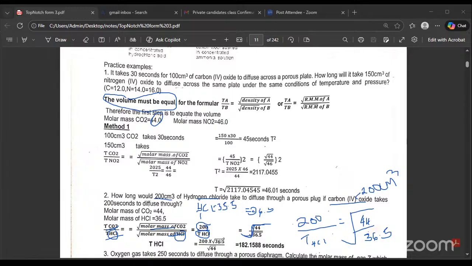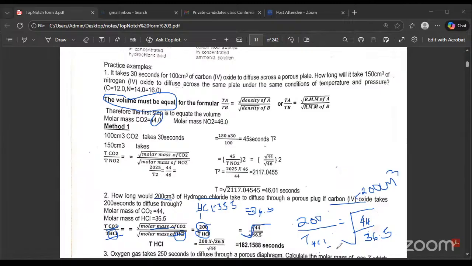That's why we don't advise students, or even people, to use the phone. So it is 44 divided by 36.5, which is 1.205, and then I square root 1.205, I get 1.